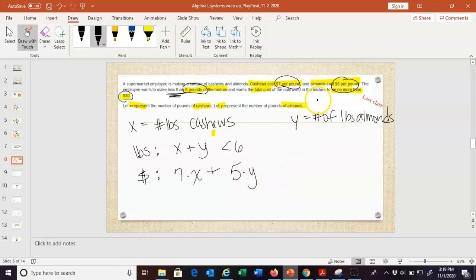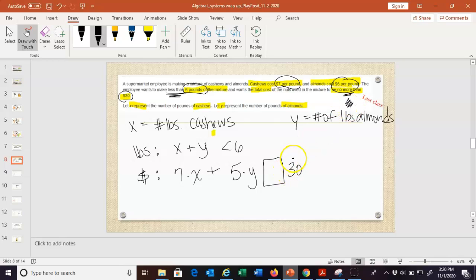And it says to be no more than $30. So we're going to have 30, but let's think about what goes here. No more than. So it cannot be more than 30. Sometimes when people see more than, they instantly write greater than because they think more.